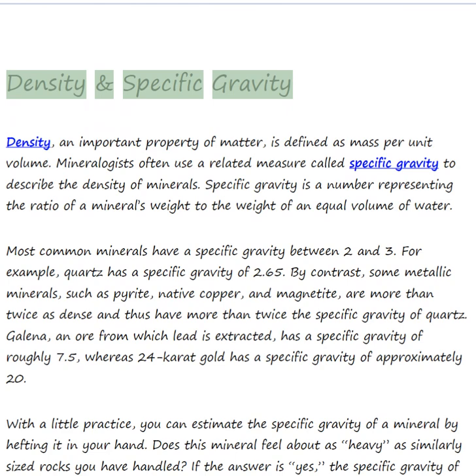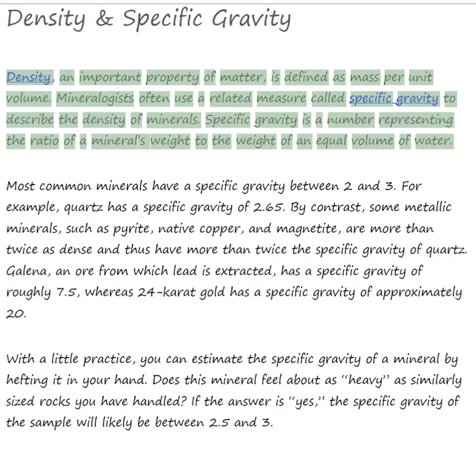Density and specific gravity. Density, an important property of matter, is defined as mass per unit volume. Mineralogists often use a related measure called specific gravity to describe the density of minerals. Specific gravity is a number representing the ratio of a mineral's weight to the weight of an equal volume of water.